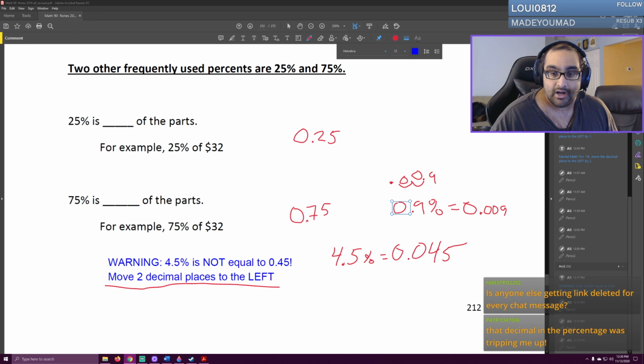Yeah, there's Maestro. There's no links there in the chat. I don't put links there in the chat. I think I have it set up that way.